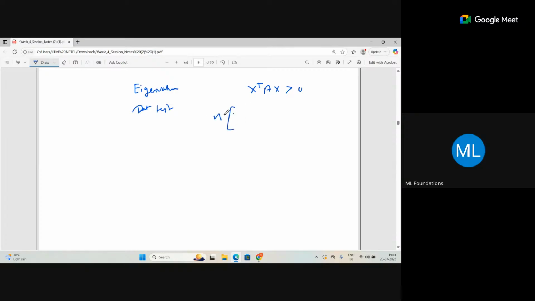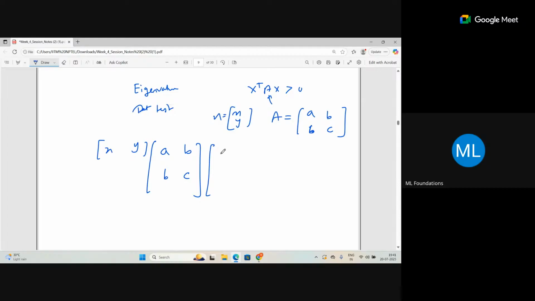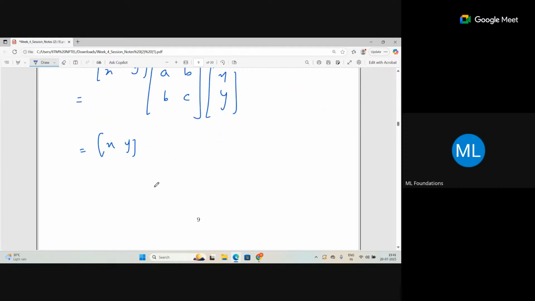So let's say x is this vector, and matrix A is a 2 by 2 matrix with entries A, B, B, C. If I solve x transpose A x, with x y here and A, B, B, C, then I get ax plus by and bx plus cy, and then the equation ax square plus 2bxy plus cy square.